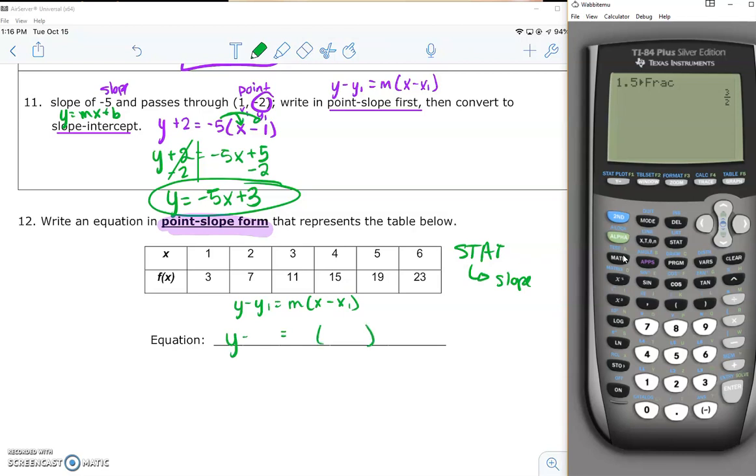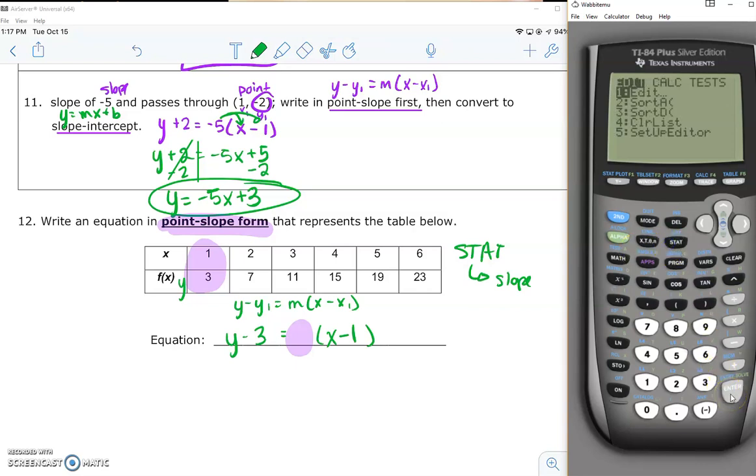So x1 and y1 is just a point, which we have a whole lot of points. I will pick the first one. Remember, f of x is the same as y, so I could say y minus 3 is equal to m, which we're going to use our calculator to find, times x minus x1, so x minus the x value from that point is 1.